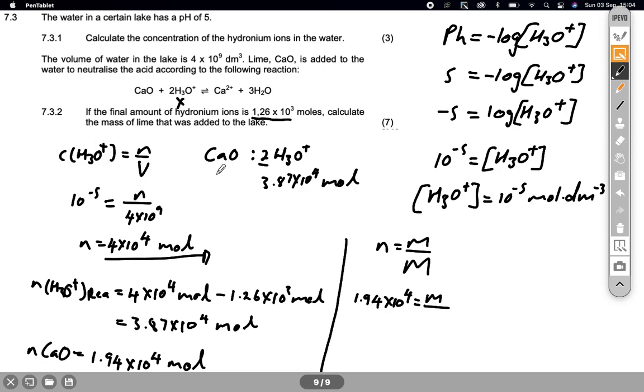So you're going to look for the mass number of calcium, and you're going to look for the mass number of oxygen. So the mass number of oxygen is 16, and the mass number of calcium is 40. So 40 plus 16 should give you 56. And then you just multiply and find that your mass is 1.09 times 10 to the power 6 grams.